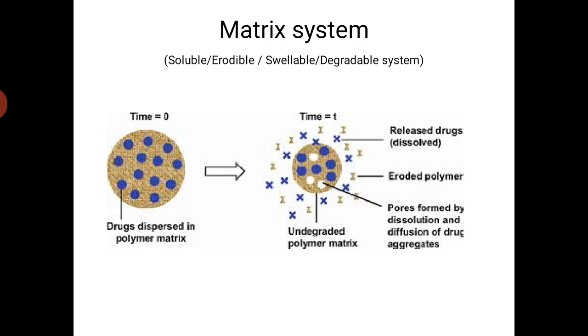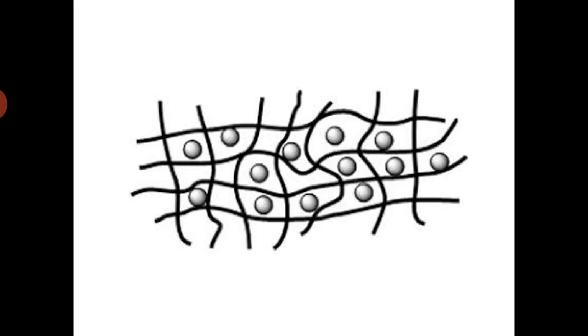That means here the drug itself is mixed with polymer. In the next picture, you see the grid surface. The grid is an example of a polymer, and within the polymer the drug molecules have been incorporated. So this is a network system. In this mesh-like substance, the drug molecules have been incorporated.